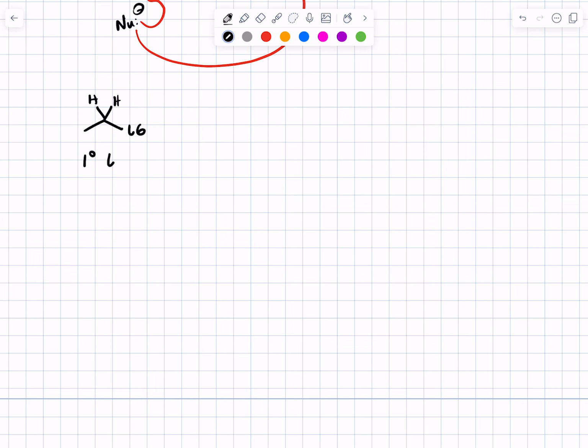This is called a primary leaving group. This is called a secondary leaving group. LG stands for leaving group. The little degree sign makes that 2° secondary instead of 2. Secondary leaving group. And then this is a tertiary leaving group.